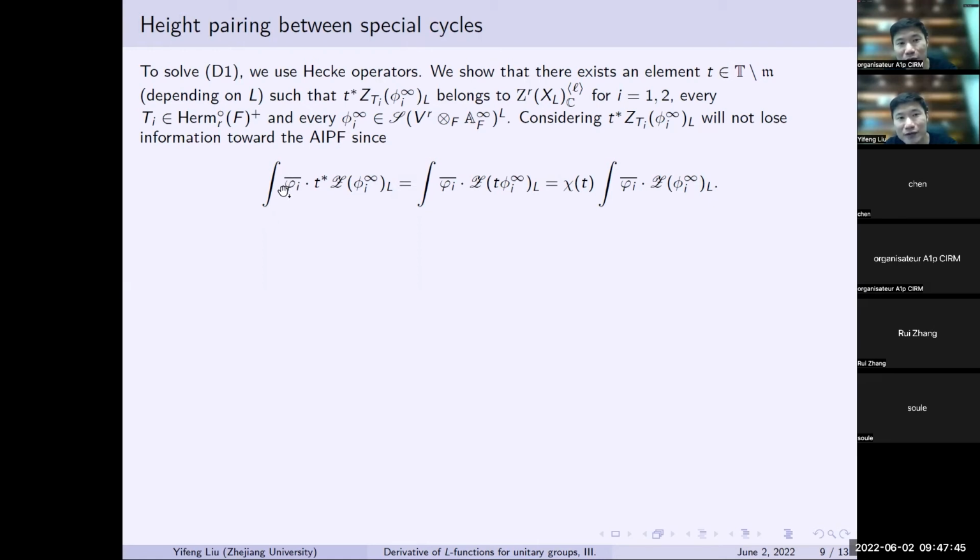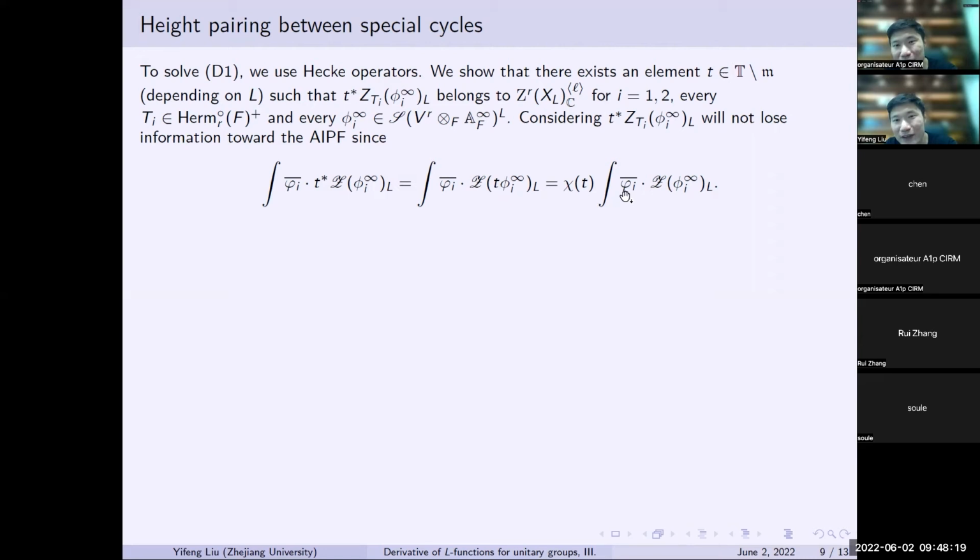So when you convolute with φ_i bar, first you can move t upper star inside to the Schwartz function. Then you can move this t actually to, I missed one step, there is one more equality here. You can also move this t to the φ_i side. This is a non-trivial result. Sorry, I somehow missed a non-trivial deduction here: you can move t to the φ_i side.